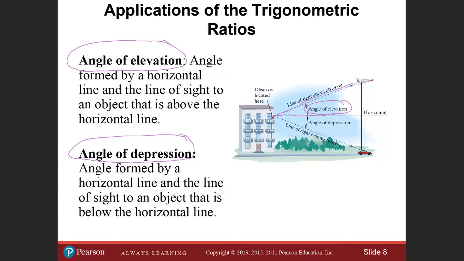The angle of depression would be the angle formed when you look down. From the horizontal, when you look down, that's your line of sight, and it forms the angle of depression. So those are the two types.